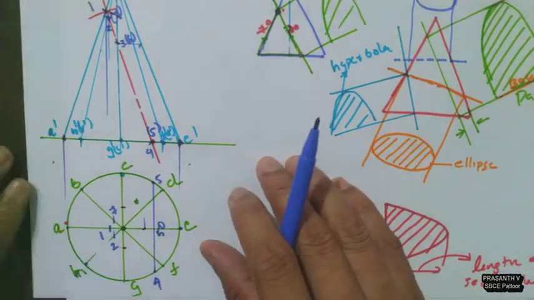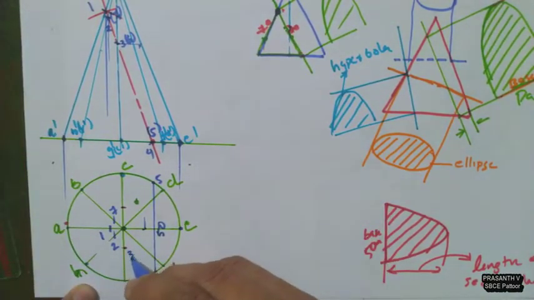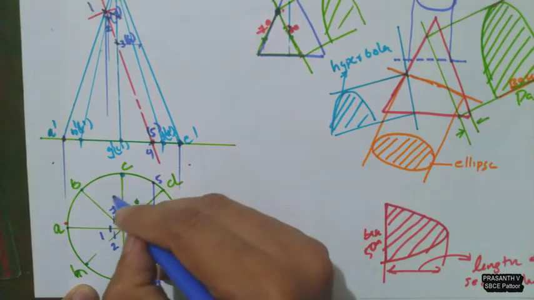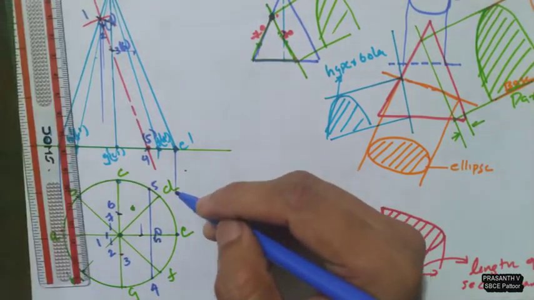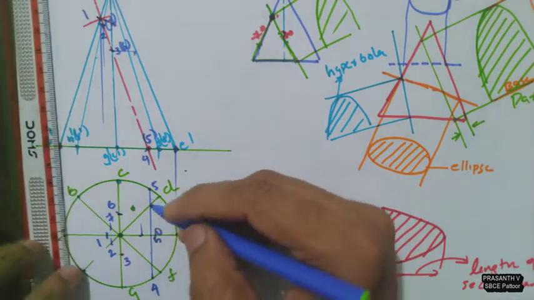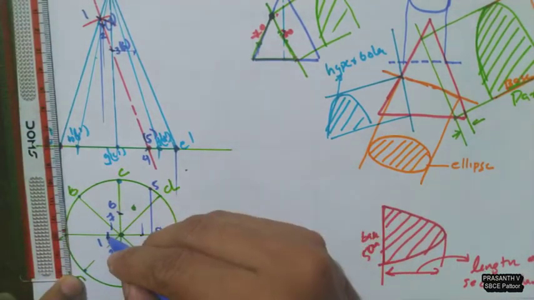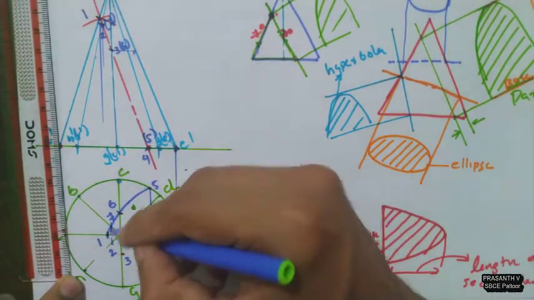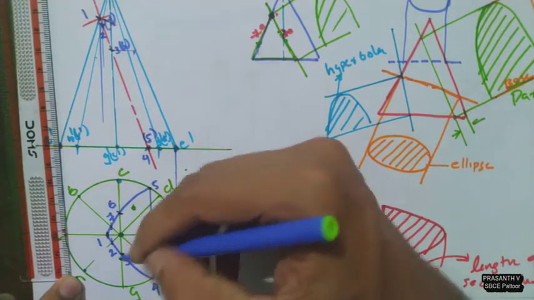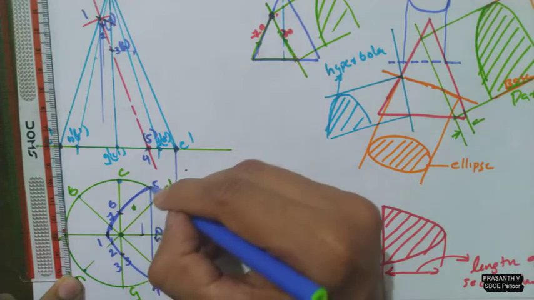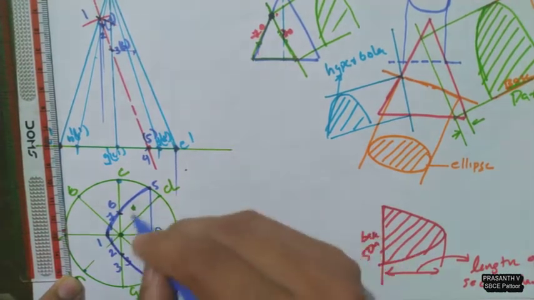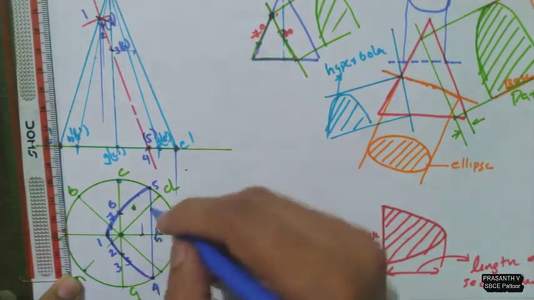So you have 3 here. This point is 6. For getting 4 and 5, here. Now you just simply join all these points. This should be 3 here. It should be a continuous curve, and we can hatch it.